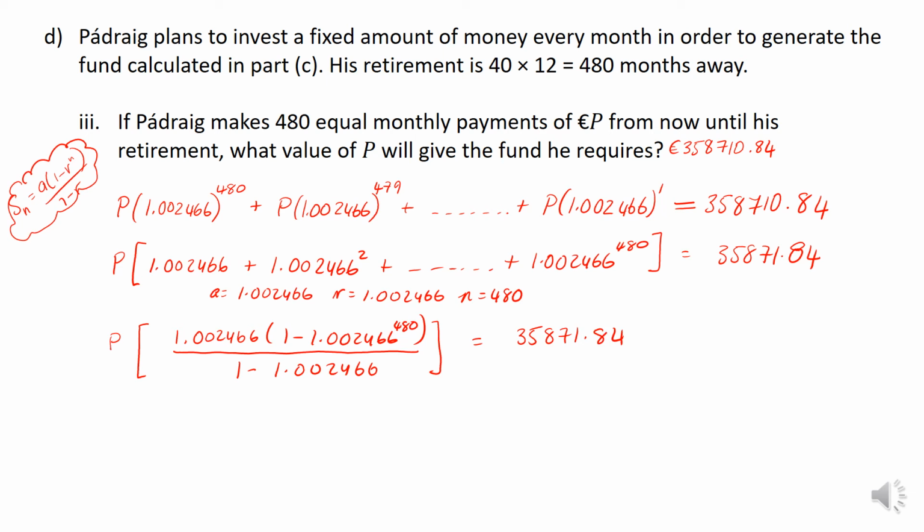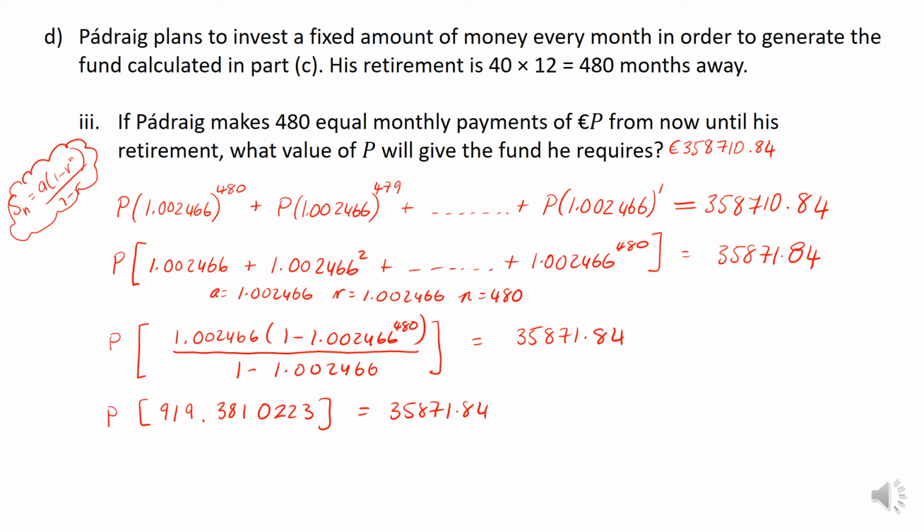All right, letting the calculator do the work, we get a figure there of 919.3810.223. Should be equal to 358,710.84.